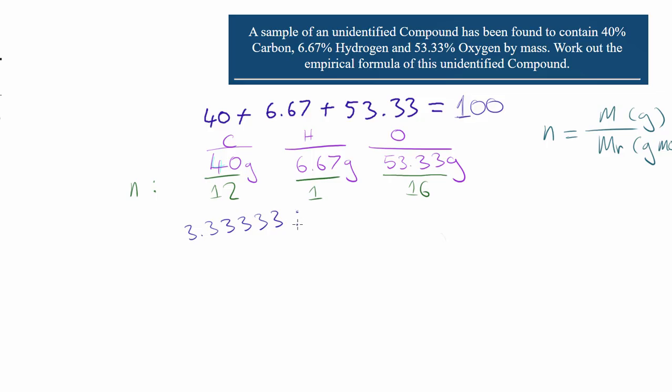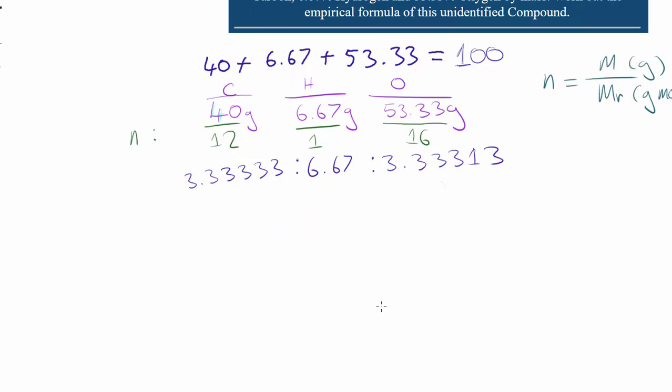For hydrogen, we are dividing 6.67 by 1, so we don't need a calculator; that is literally just 6.67. And for the final one, oxygen, 53.33 divided by 16, if you have a go at calculating that, you should get, again to 5 decimal places, 3.33313.